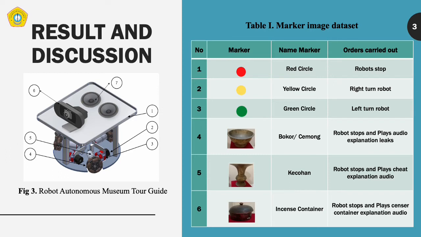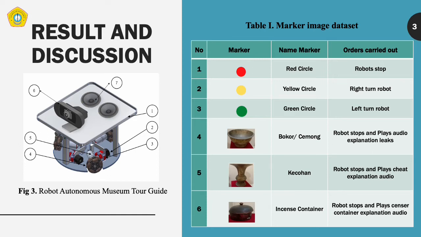This is the table of the marker image dataset. The red circle is robot stop, the yellow circle is robot right turn, and the green circle is robot left turn. Number 4 is called Bokor, or Cemong in Indonesian. The robot stops and plays an audio explanation if the robot detects this Bokor.